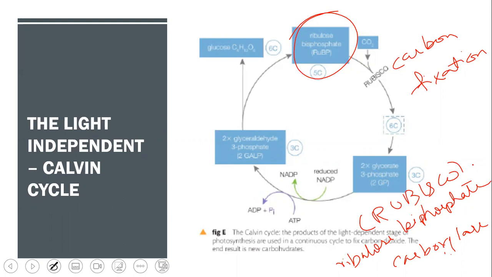Now, these two will combine with each other to give you a 6 carbon compound. You don't have to worry about the 6 carbon compound. It will instantly break down to give you glycerate 3-phosphate, which is a 3 carbon compound.